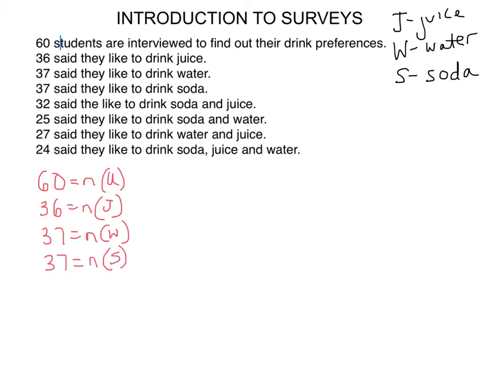Next, we see 32 said they like to drink soda and juice. And remember, and in set theory is going to be intersection.